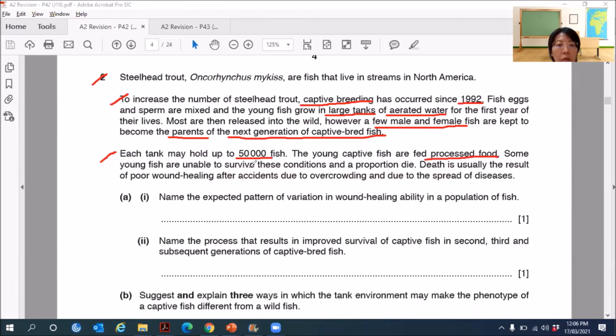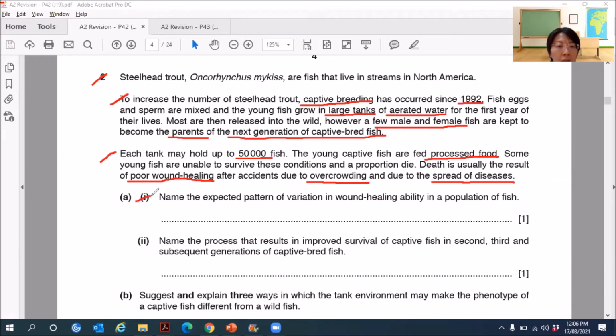Some young fish are unable to survive these conditions, and a proportion die. Death is usually the result of two main things. One is poor wound healing after accidents because of overcrowding. And secondly is due to the spread of diseases. So this is the information provided to us.